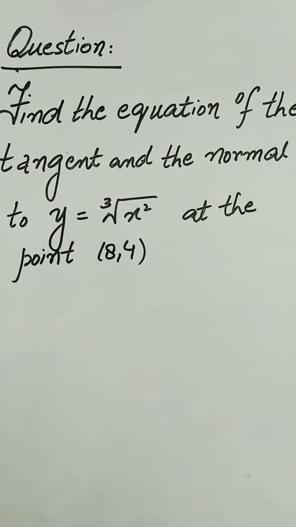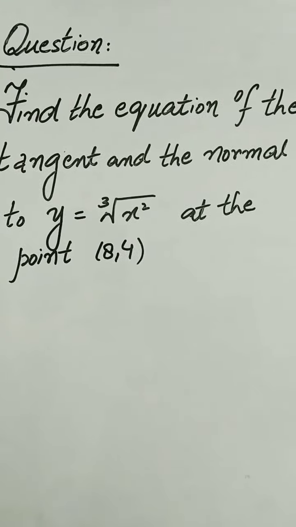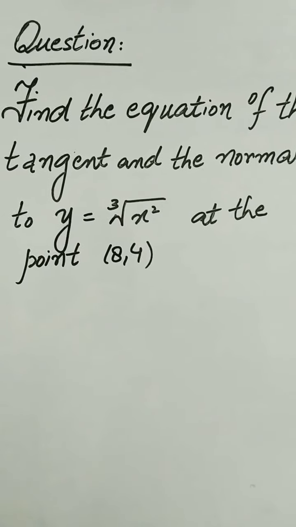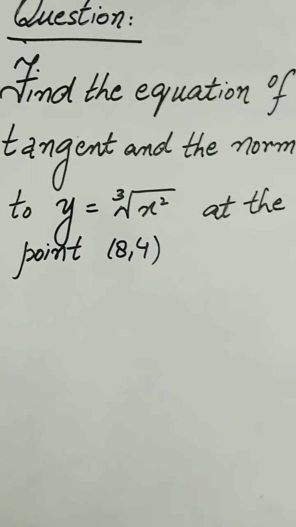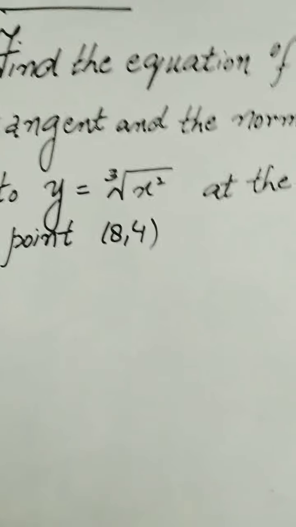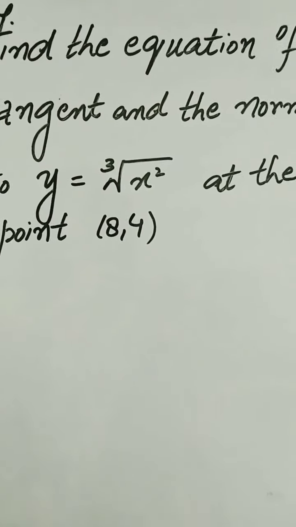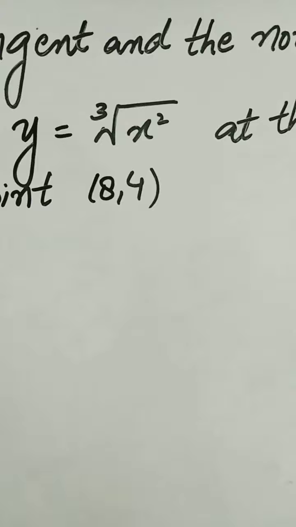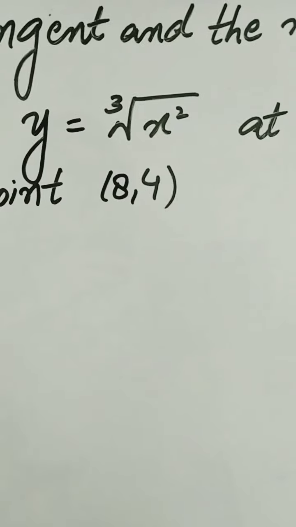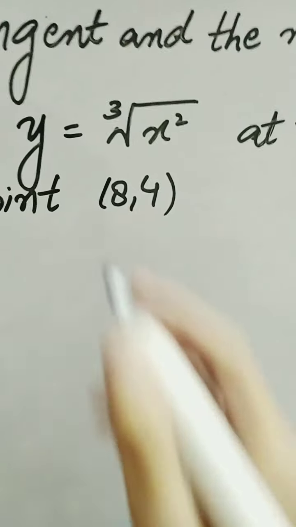Now here we have a question in which we have to find the equation of the tangent and the normal for the given function, which is y equals the cube root of x squared, and the point is given as 8 and 4. So first of all, we will find the derivative in order to find the gradient.